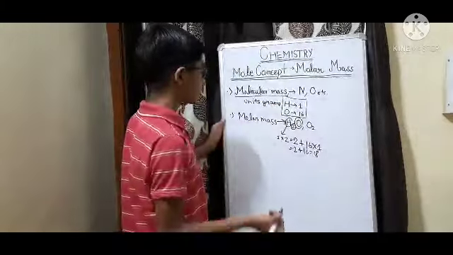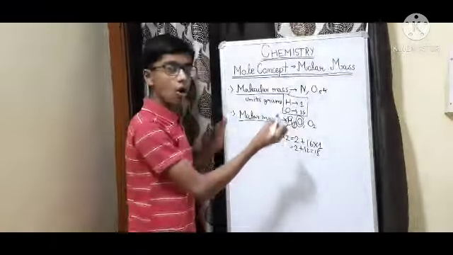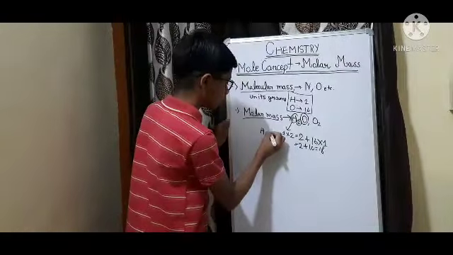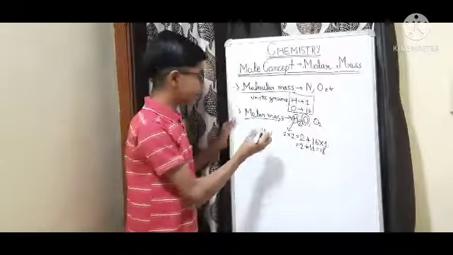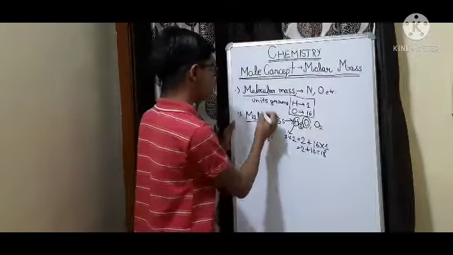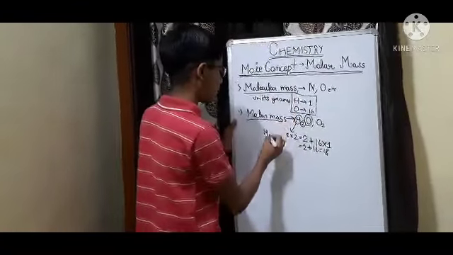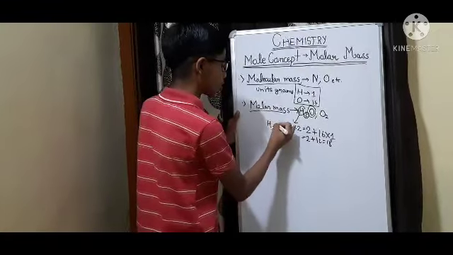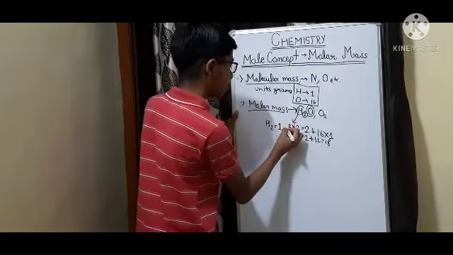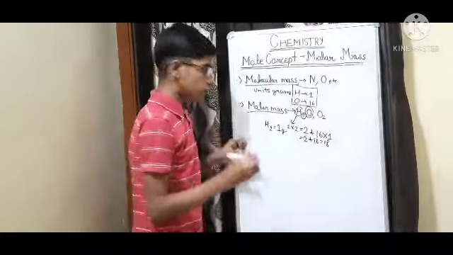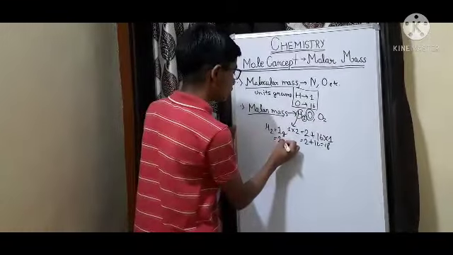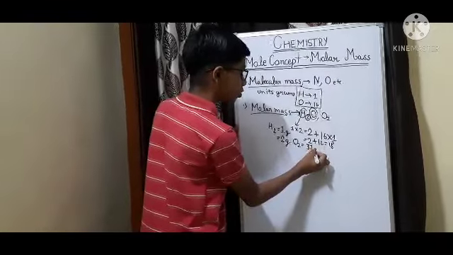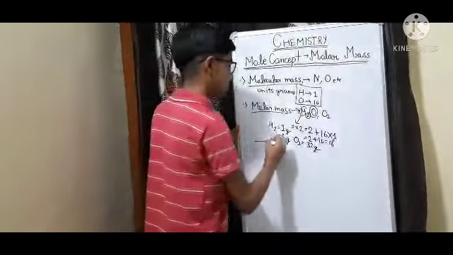For example, if it is asked what is the molar mass of hydrogen, that is H2, two atoms of hydrogen: the mass of one atom of H is 1 gram, so for 2 it will be 1 into 2, which is equal to 2 gram. Same as in O2, it will be 32 gram. So by this we also know about the unit.